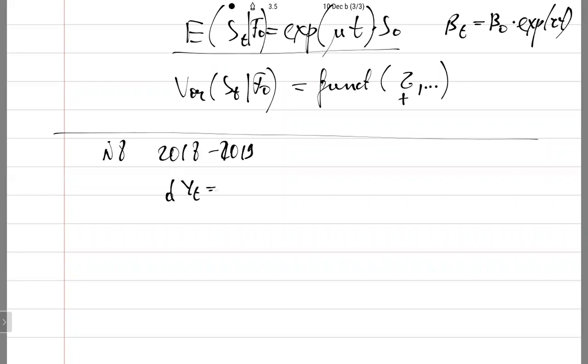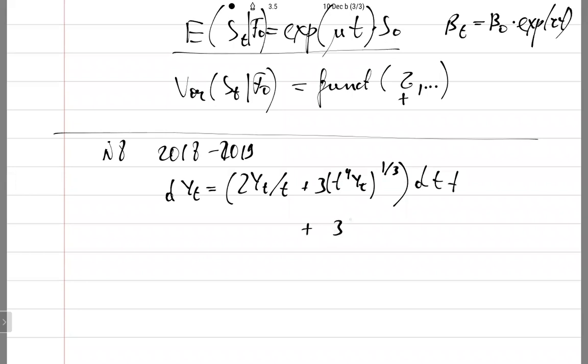dYt is equal to (2Yt over t plus 3t to the power of 4 over Yt to the power of 1 over 3) dt plus 3t Yt to the power of 2 over 3 dWt. Y0 is 0. So we have a hint there.